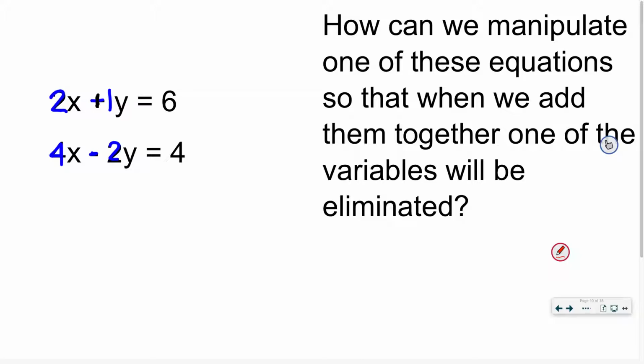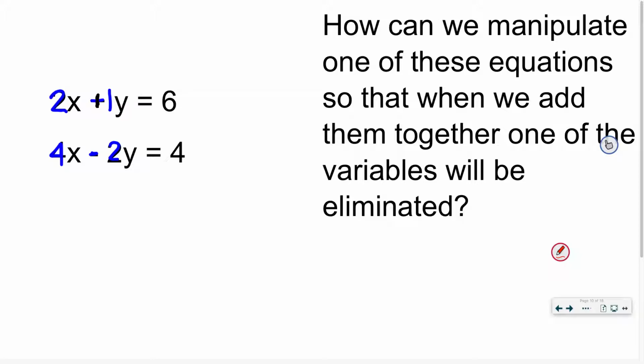Opposites, absolutely. That's really what we're looking for, right? Negative 4 and positive 4, negative 1 and positive 1. Those are the examples we did so far. So the problem here is, do I have opposites? No. So I need to do something, anything, to make one of those equations change in a way that I would have opposites. What do you think we might be able to change?